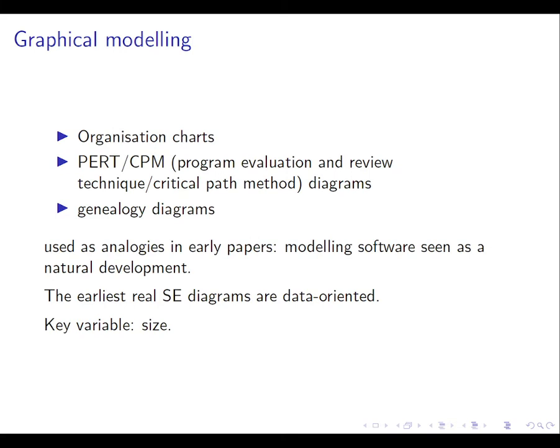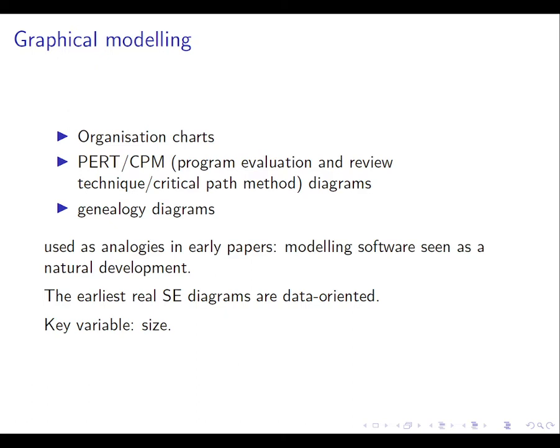So, of course, graphical modelling has been around since long before software, never mind software engineering. There have been organisation charts. You're less likely to have come across PERT and CPM diagrams these days, but they used to be very popular. Program evaluation and review technique, critical path method diagrams. You've all seen Gantt charts, I'm sure, for planning projects and the dependencies between tasks that have to be done within a project.